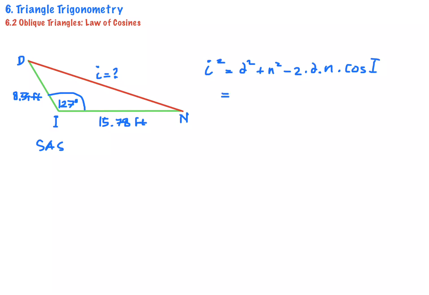and let's put everything in. So the d square will be 15.78 square plus the n square, which represents the length opposite of angle N, which is 8.54 square, minus 2 times 15.78 times 8.54 times cos of 127 degrees.